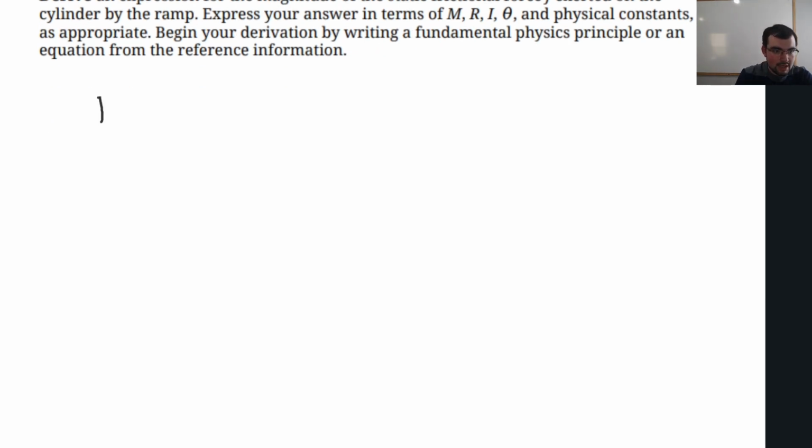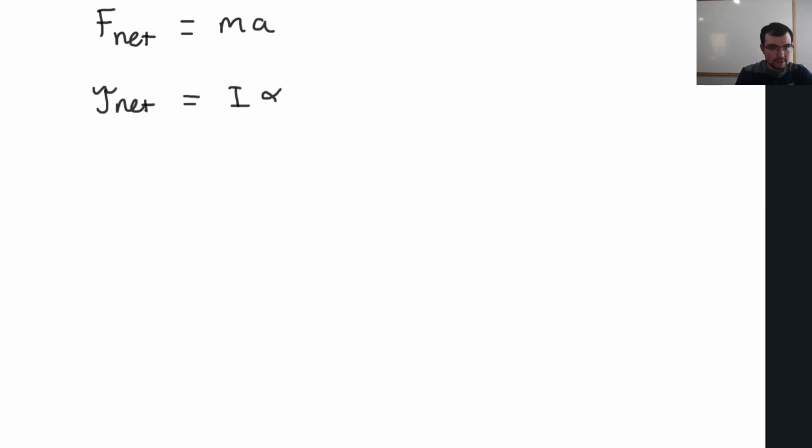So I'm going to set up side by side F net equals MA and net torque is I alpha. So I can make myself a linear system because the net force is just going to be the mg sine theta contributing to the acceleration minus the static friction fighting the acceleration.